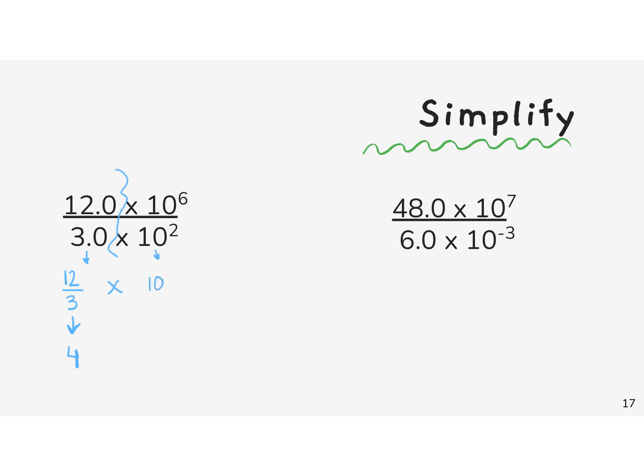I have a base of 10 to the power of 6. I have a base of 10 to the power of 2. So just like before, I'm going to take these two exponents and I'm going to subtract them. So I have 10 to the power of 6 minus 2, 10 to the power of 4.